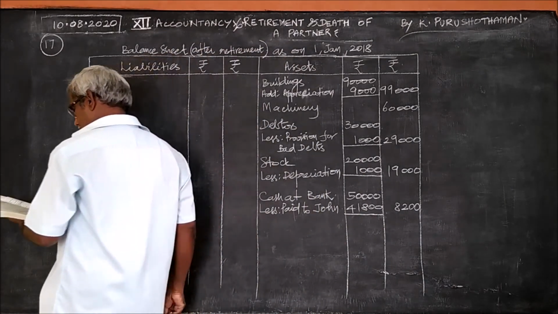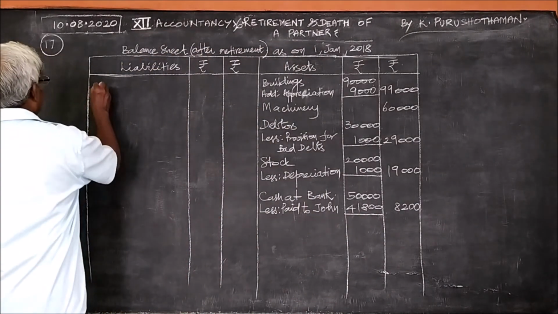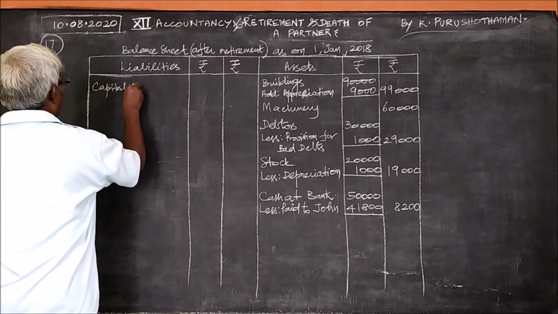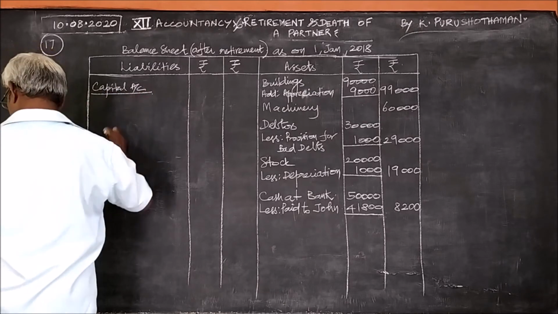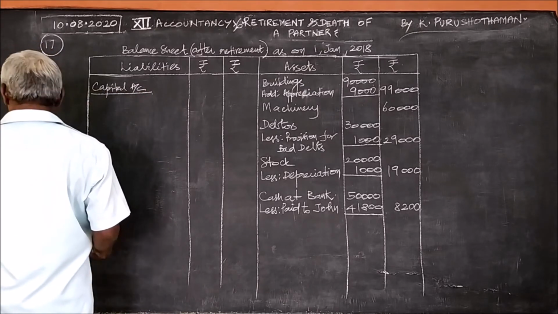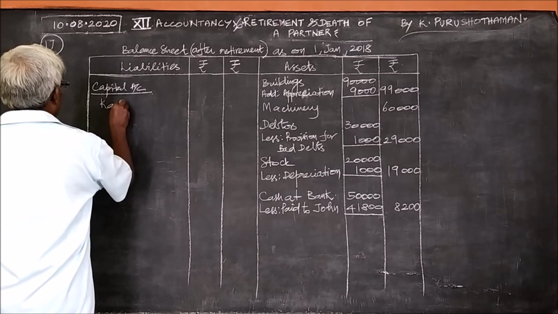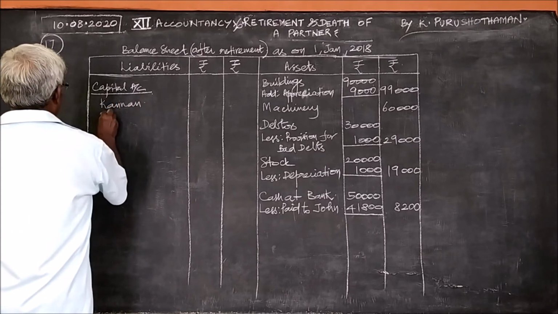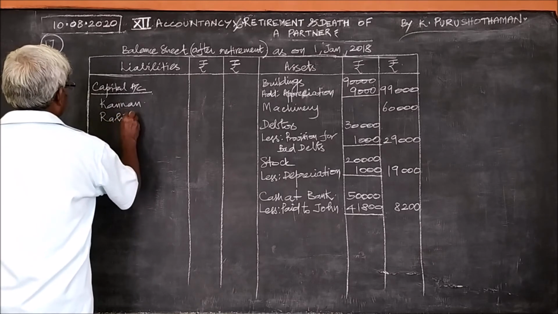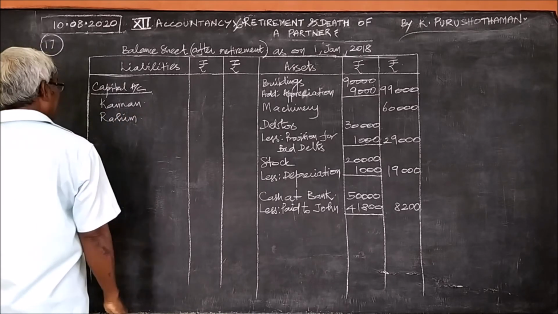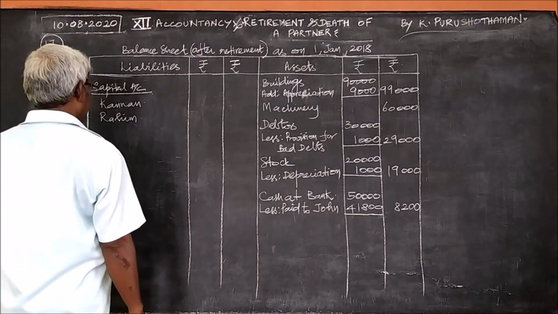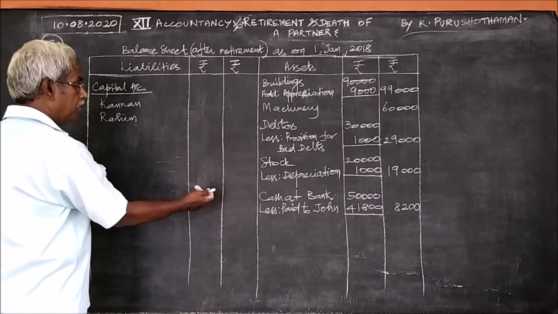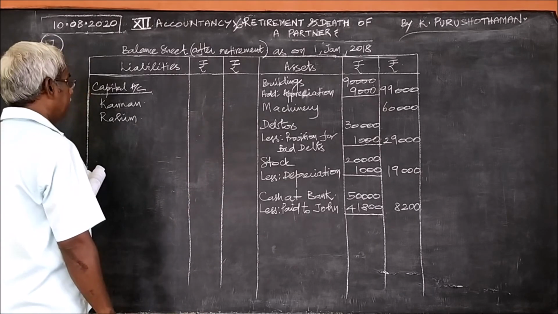Then go to the liability side. Capital accounts. Out of the three partners, Kannan is there, Rahim is there, but John has retired and therefore we should not write his name. That is why the amount for John has been paid, settled.